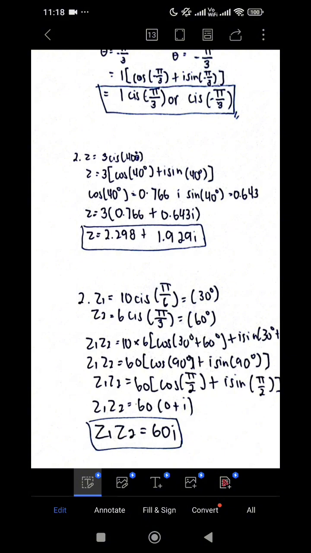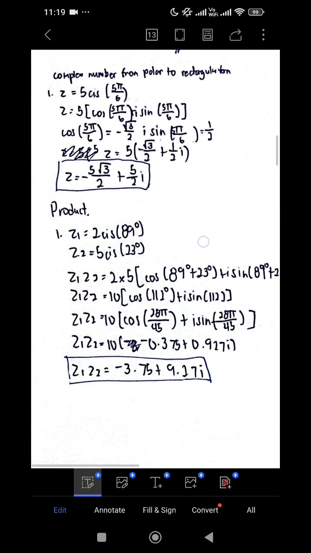Sine 40 degrees is equal to 0.643. So we get z is equal to 3 (0.766 plus 0.643 i). Then the final answer we will get is z is equal to 2.298 plus 1.929 i.